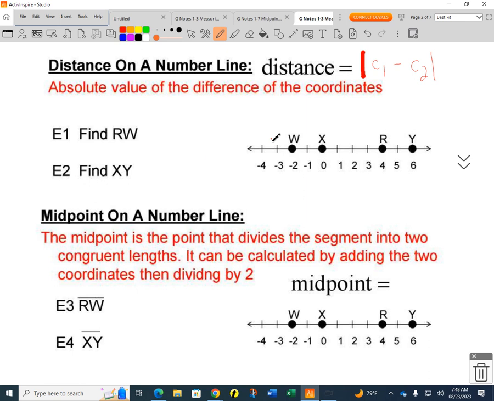So coordinate is the number that goes with the point. Difference means subtraction, right? Difference tells us we're subtracting. If it was the word sum, it would tell us we're doing what? Adding. If it had the word product, it would tell us we're doing what? If it had the word quotient, it would tell us we're doing what? Okay, so difference means subtraction.